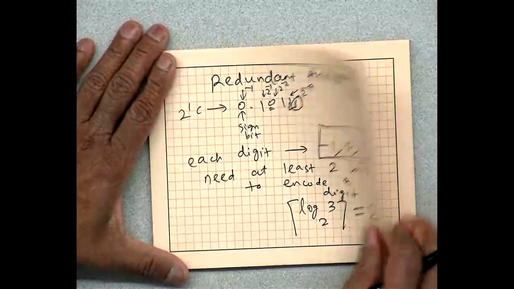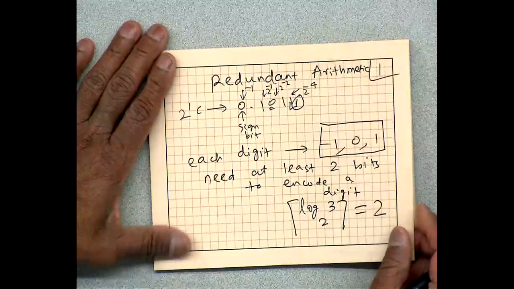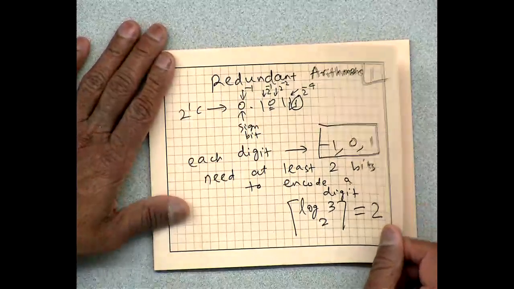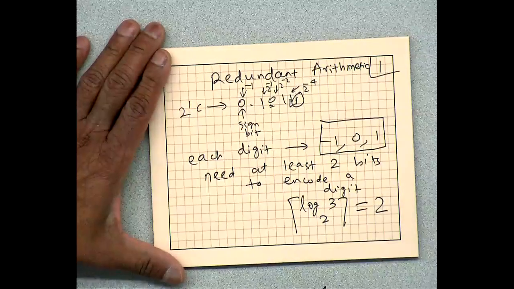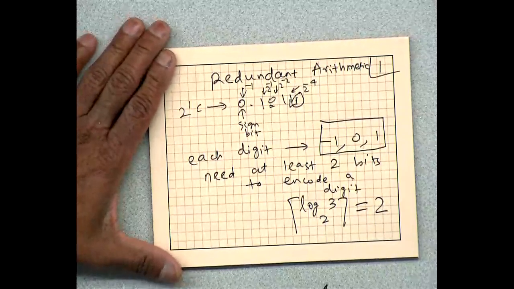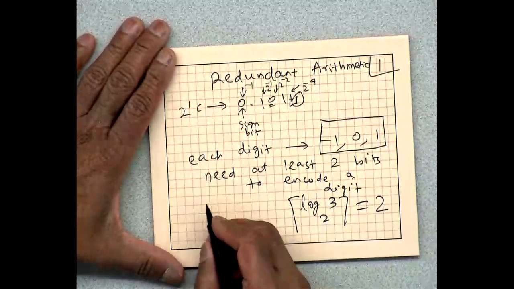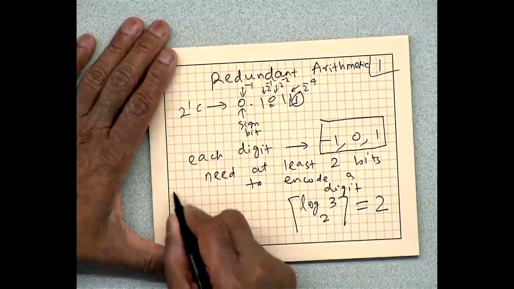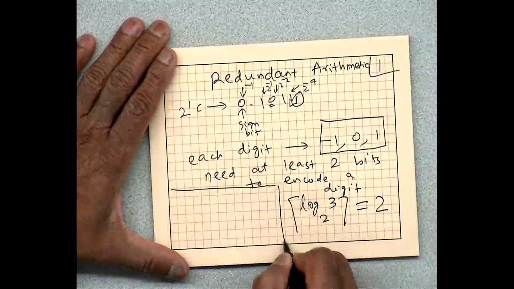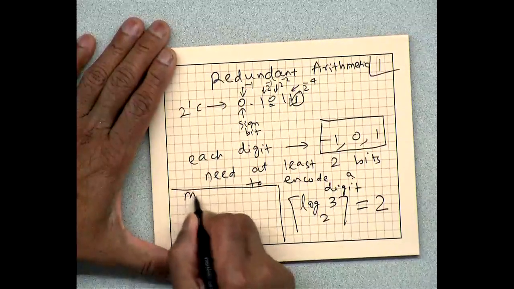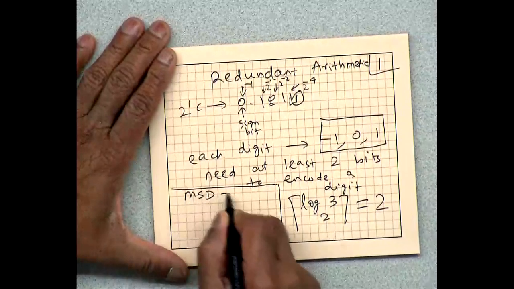So why are we interested in redundant arithmetic? It has certain nice properties that allow us to compute the operations in MSD first.